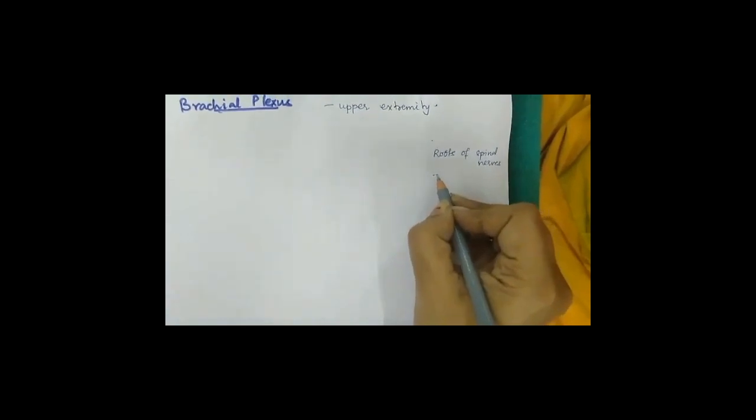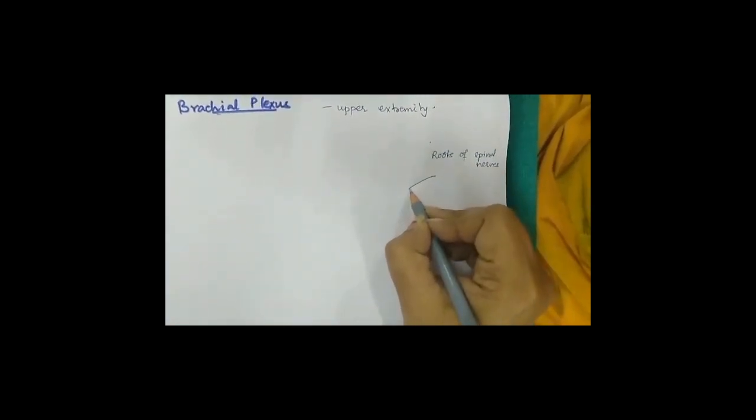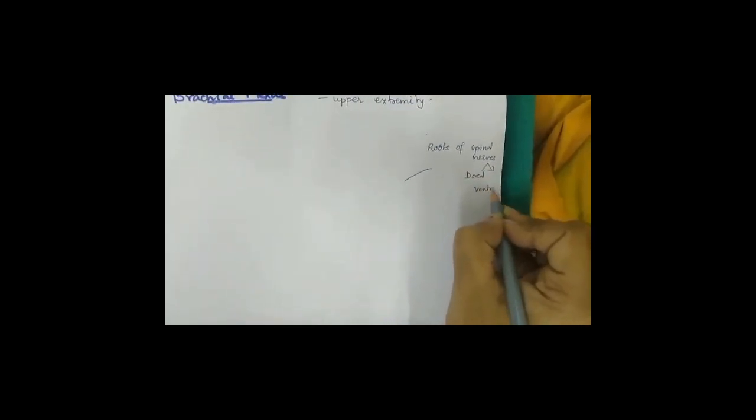Now, brachial plexus is formed by the roots of spinal nerves. These spinal nerves come out of the vertebral foramen and divide into two divisions, dorsal rami and ventral rami.